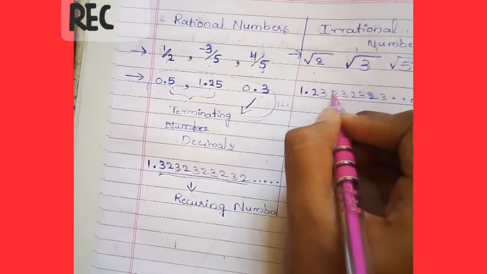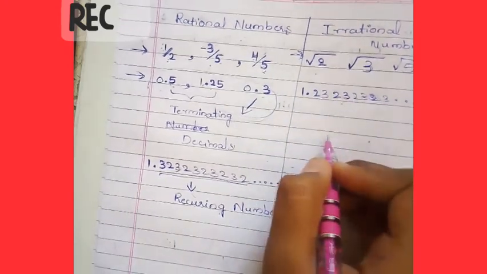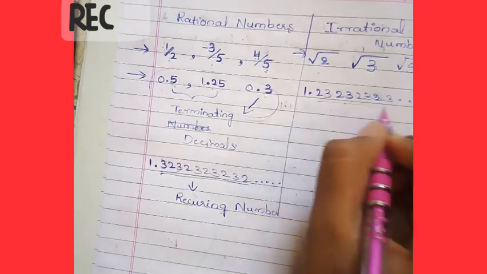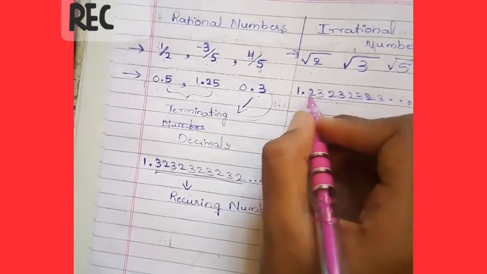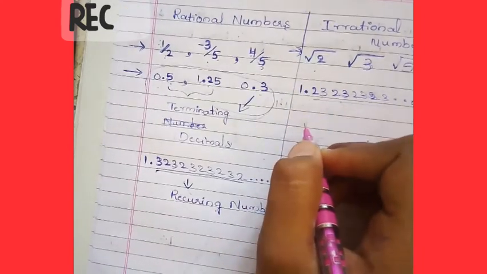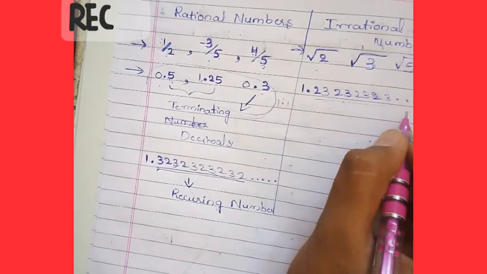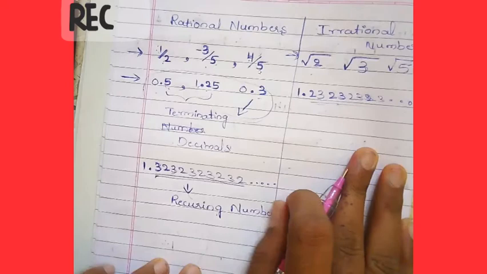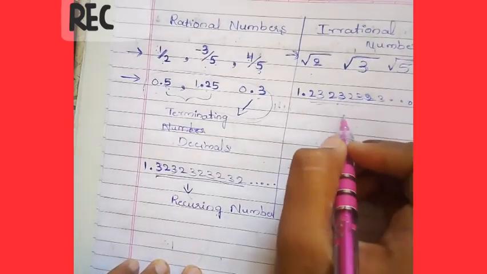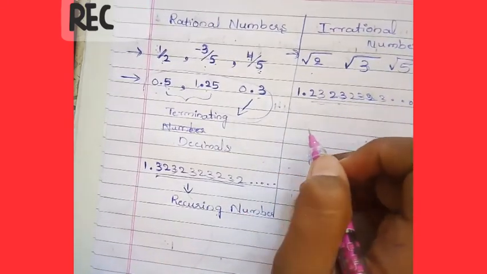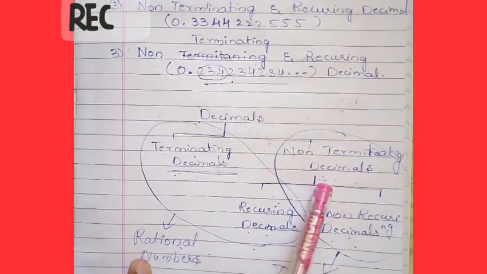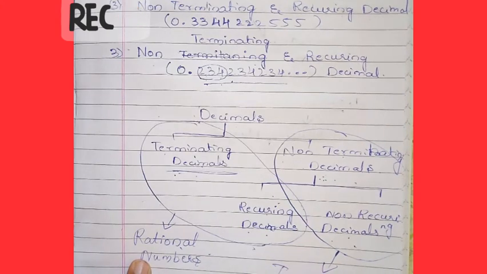They may be recurring numbers, but they are non-terminating, which means the digits don't have an end after the decimal point. That is why these are irrational numbers. As we look at the previous page, non-terminating and non-recurring decimals are irrational numbers.